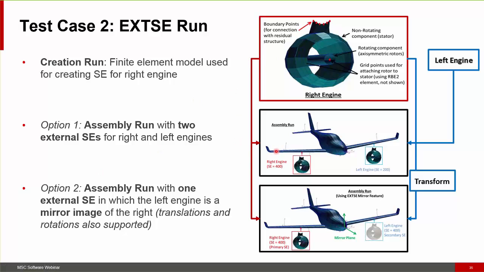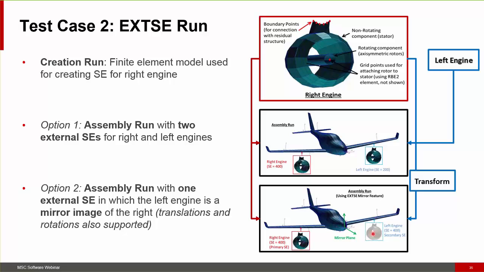But then there's the ability to actually use a transform, so we could use a mirror image and a translation of this superelement, and in essence use the same superelement to represent both engines, one being a translated mirror image of the other.